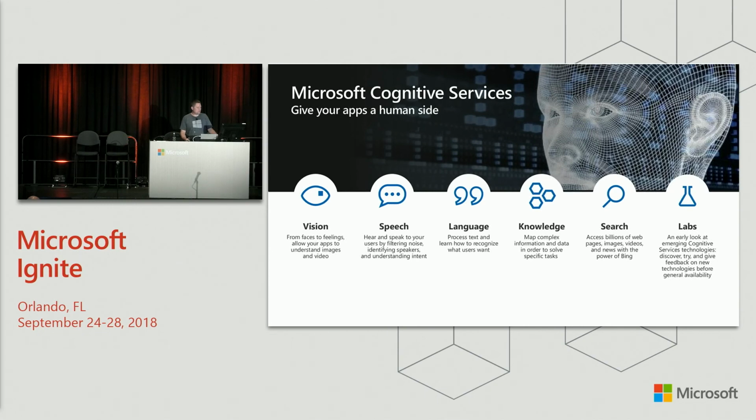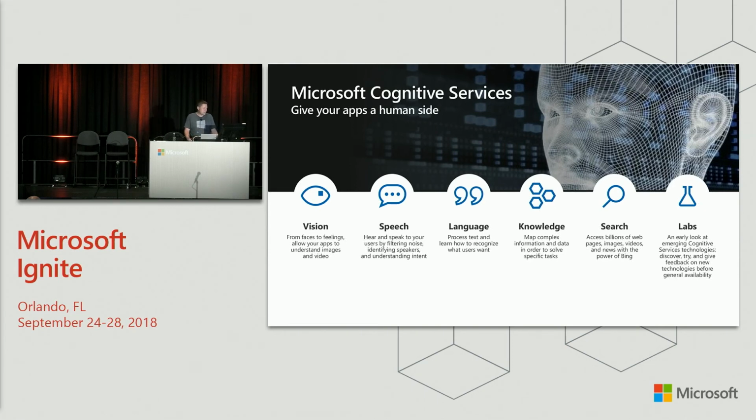So our different options across the cognitive services, we do have vision, speech, language, knowledge, search, and labs. The key to the exam is understanding all of these different options and how to integrate them into an application. Okay? So with vision, we're looking at faces to feelings. We actually can analyze someone's feelings based on the Vision API.